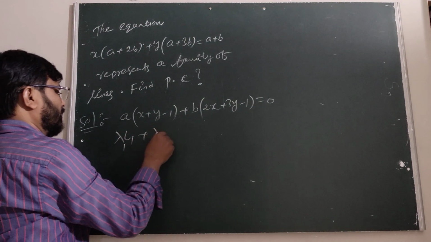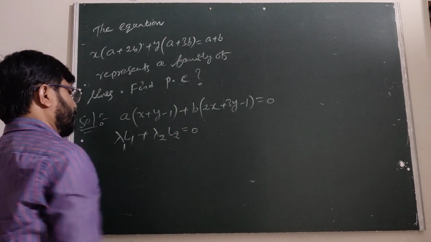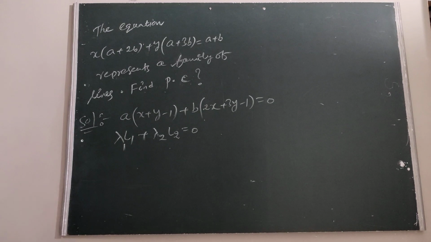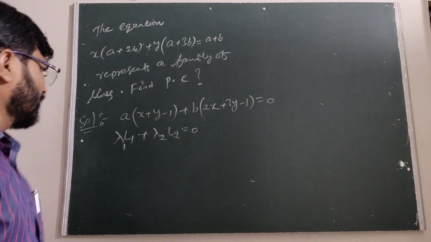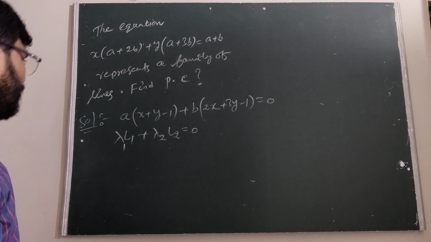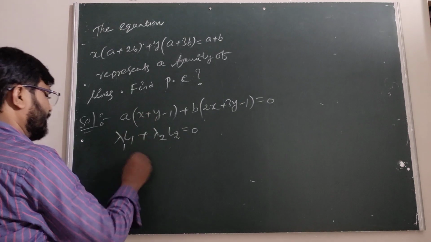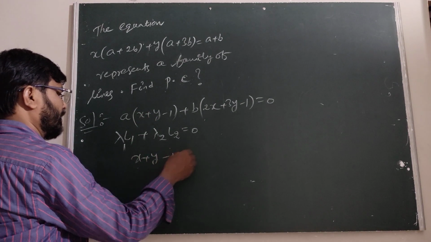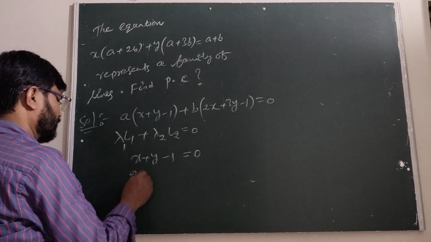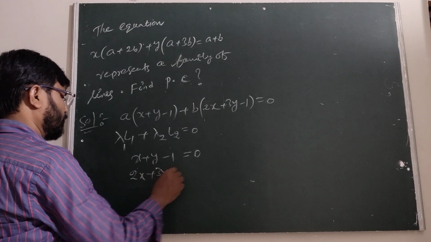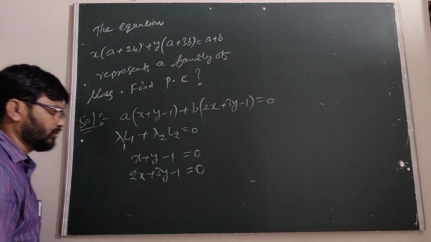The above equation is compared with lambda 1 L1 plus lambda 2 L2, which represents the family of lines. Then the lines are x plus y minus 1 equal to 0 and 2x plus 3y minus 1 equal to 0.